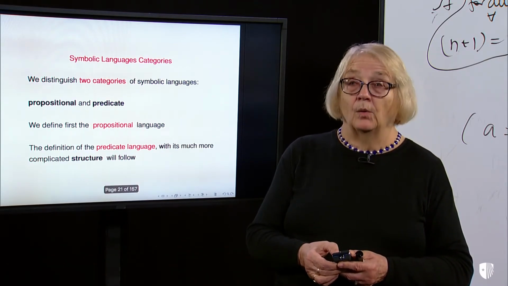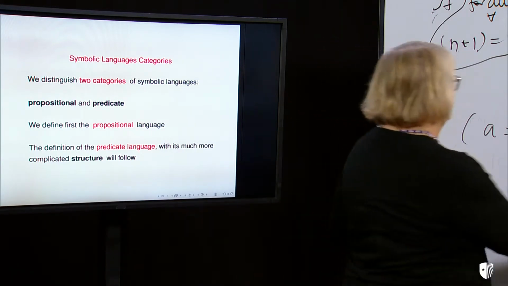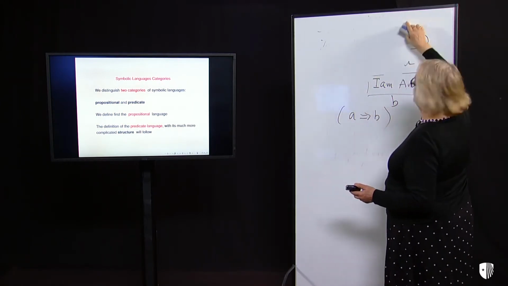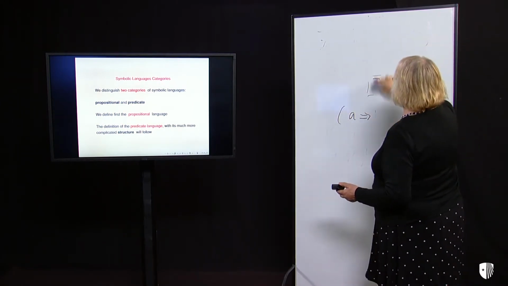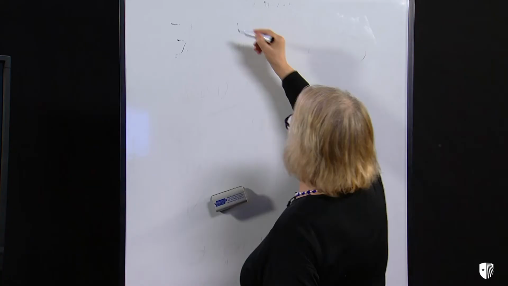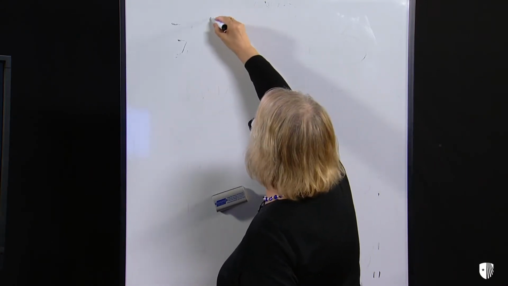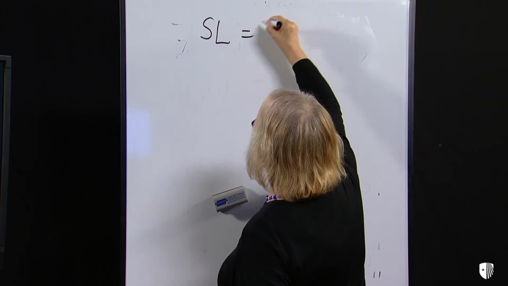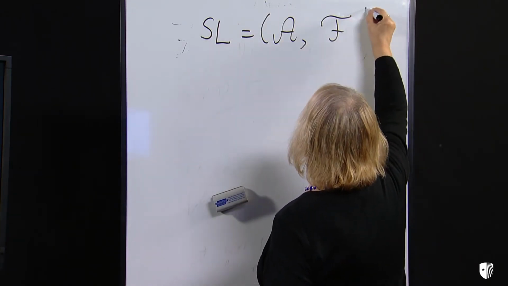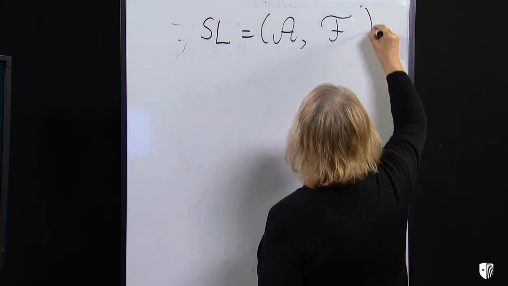And now our goal is, once we have it, let's say a symbolic language, I will write it because I'm going to talk about it now. A symbolic language is a pair: the alphabet and F. So that's how we write it.